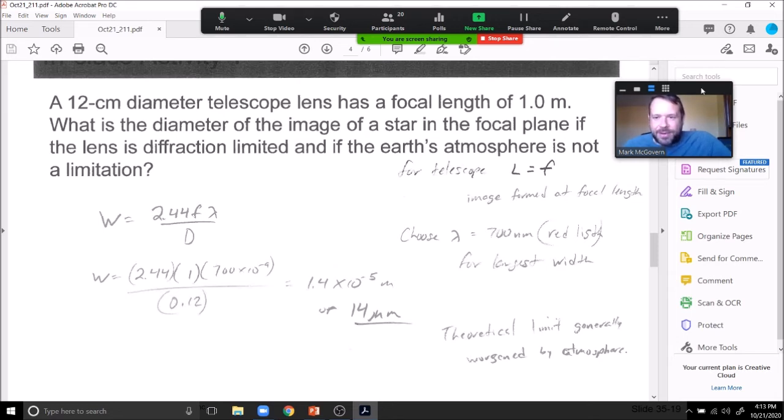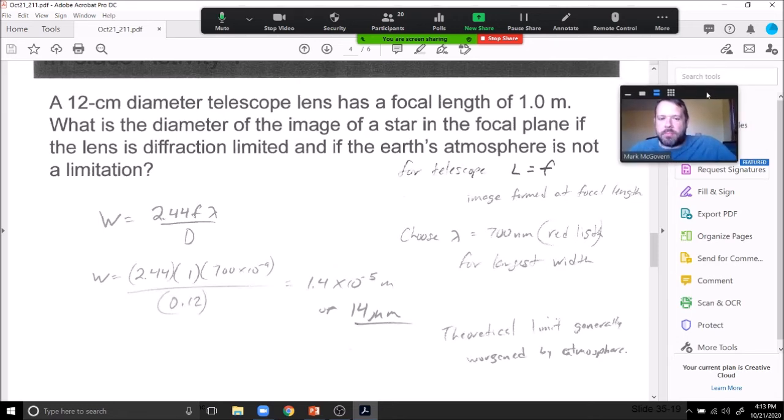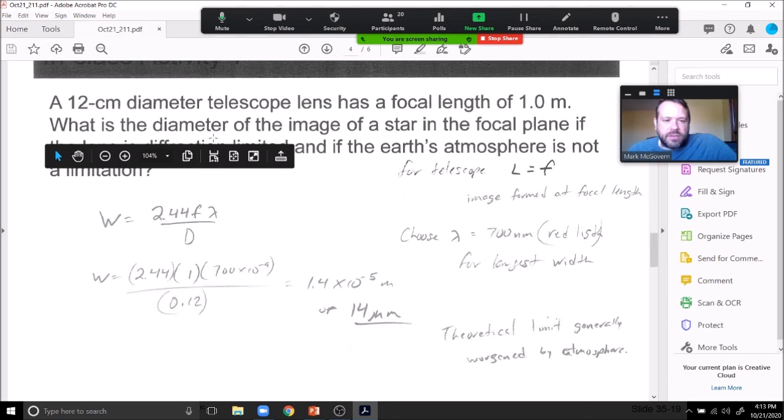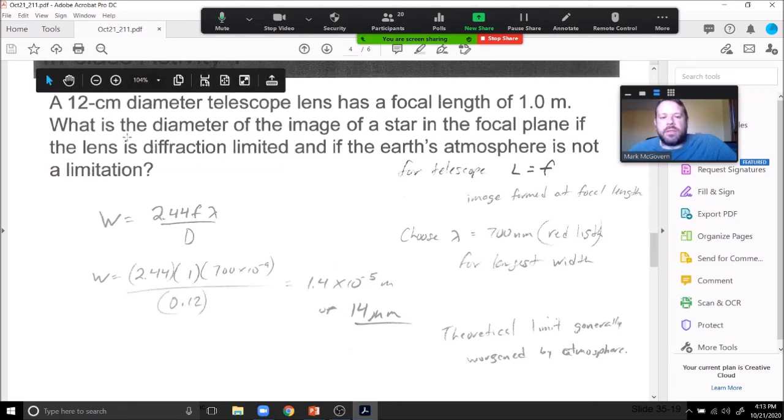A 12 centimeter diameter telescope has a focal length of 1 meter. What's the diameter of the image of a star in the focal plane, if the lens is diffraction limited and the Earth's atmosphere is not a limitation? All right, so we want the diameter, so we want our W here. Focal length is 1.